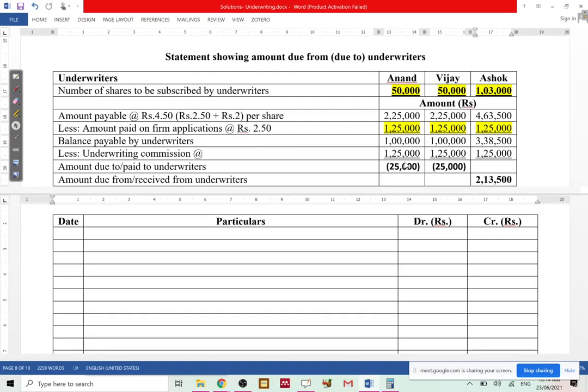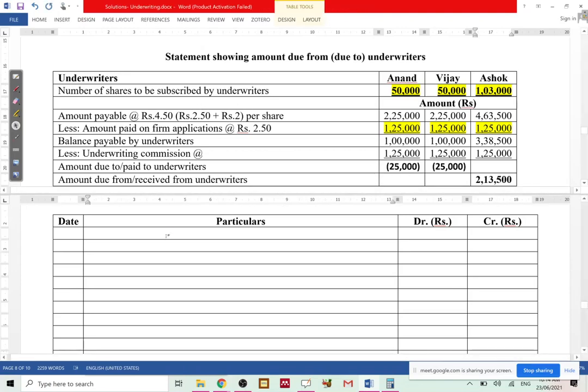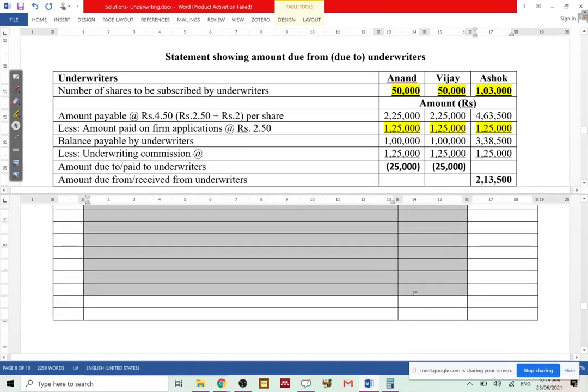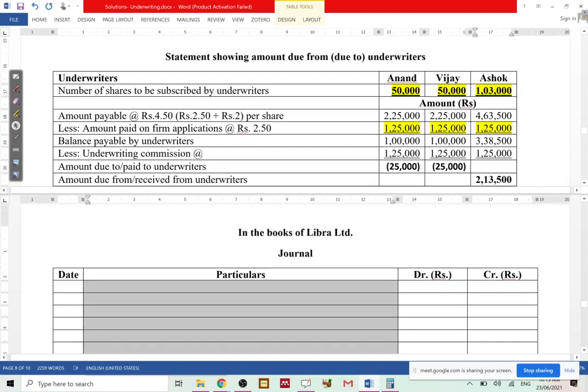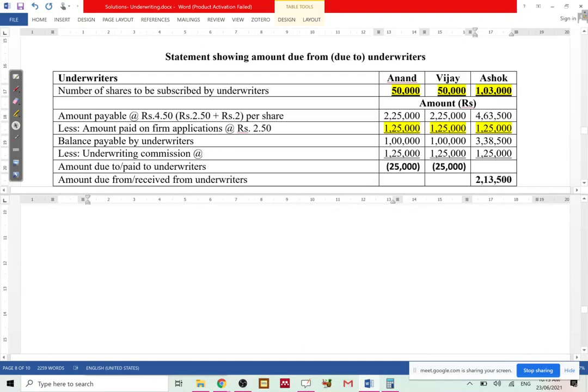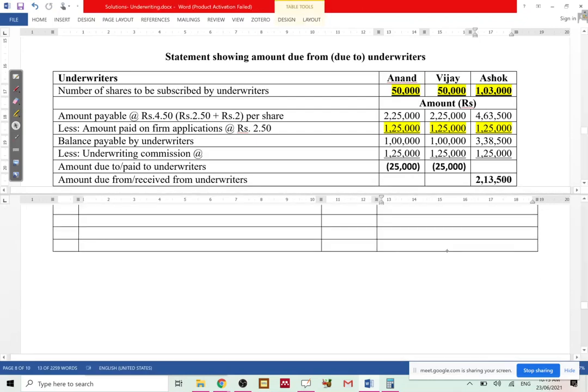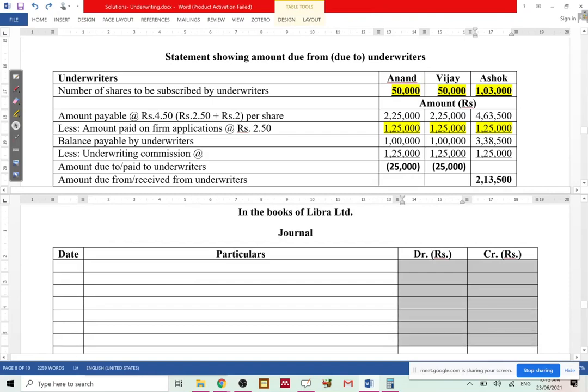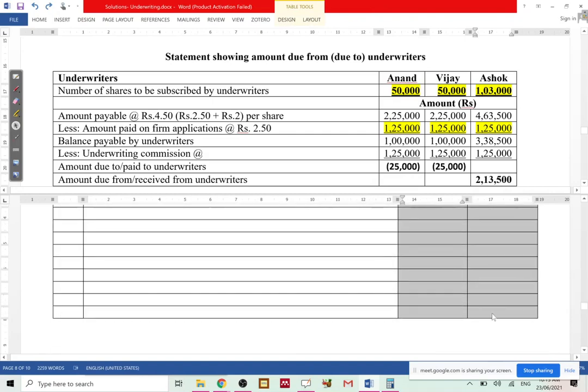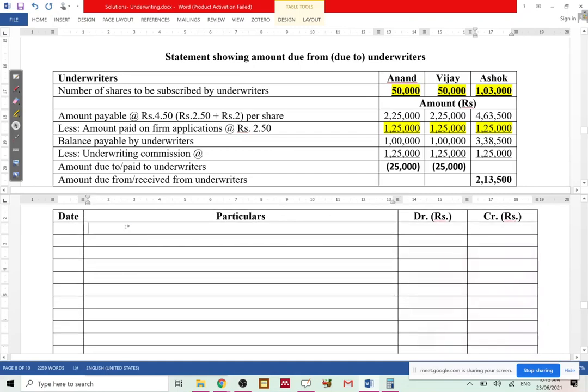So, we are going to pass a bank transaction, right? 2.5 rupees has been paid as share application money, right? Okay, so as a journal entry, we need to find an account to be debited and an account to be credited.